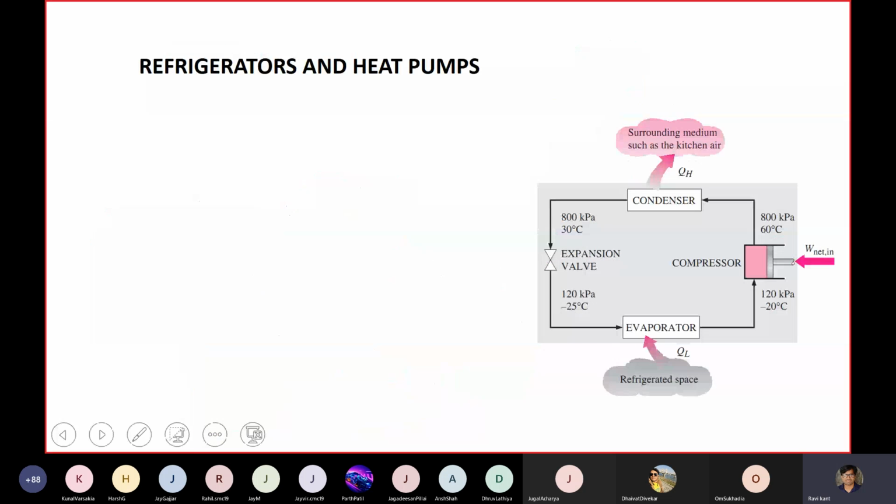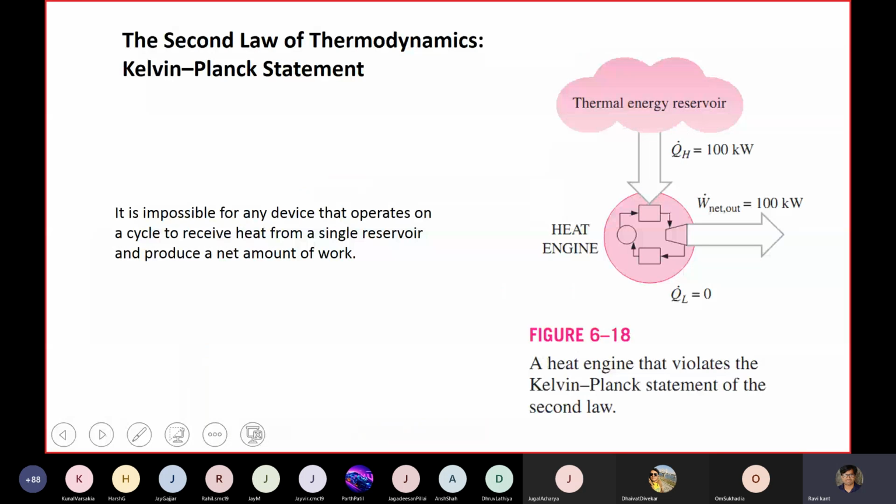We'll take up this particular topic and then stop the conversation here. The second law of thermodynamics, the Kelvin-Planck statement, I've already told you about that. We have already given a preface that it is impossible for any device that operates on a cycle to receive heat from a single reservoir and produce a net amount of work.